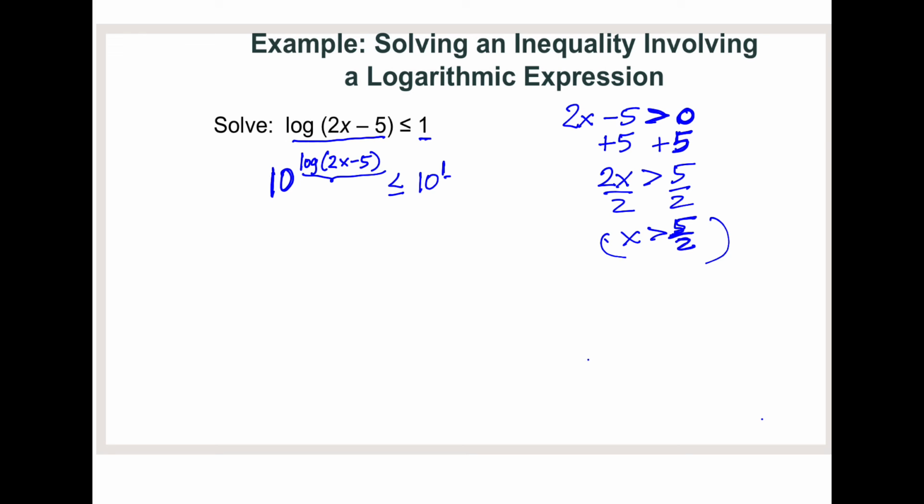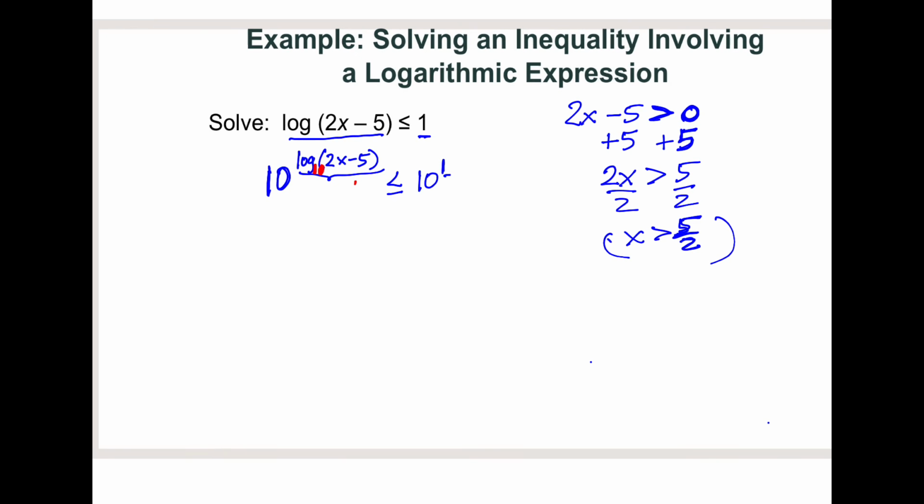Main reason why I wanted to do that is because this is log base 10. We just aren't writing that there. And we saw from one of our logarithmic rules that if I have that, then my expression, 2x minus 5, is the rewriting of that. And so I can just take that out of the exponent. The 10 raised to the log base 10 kind of goes away.